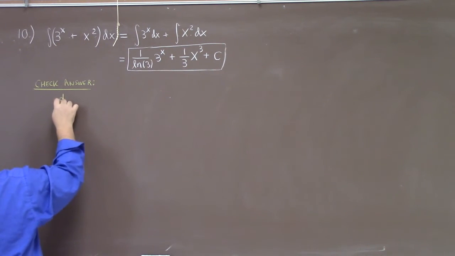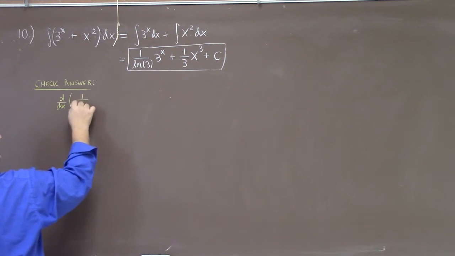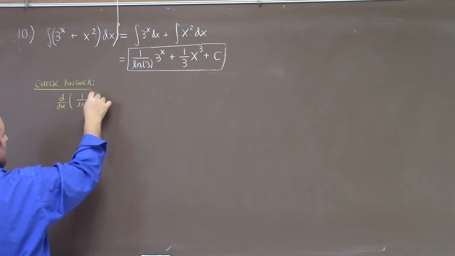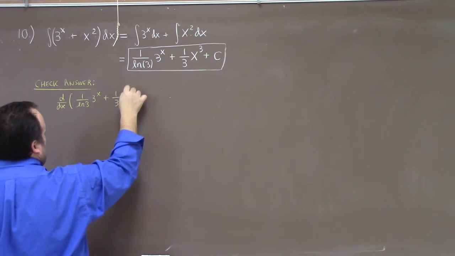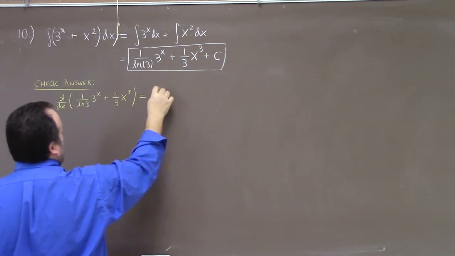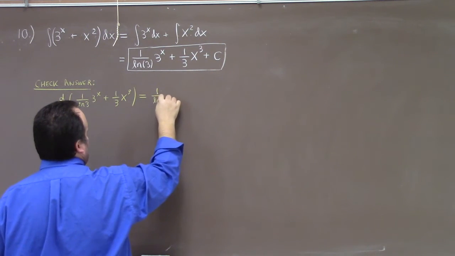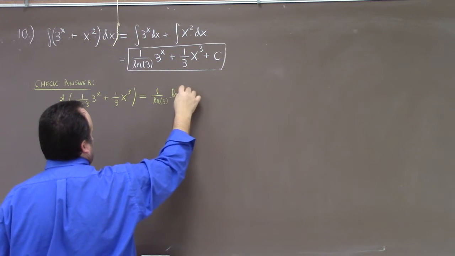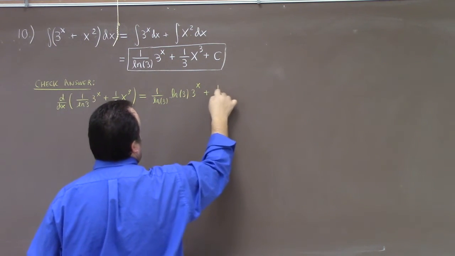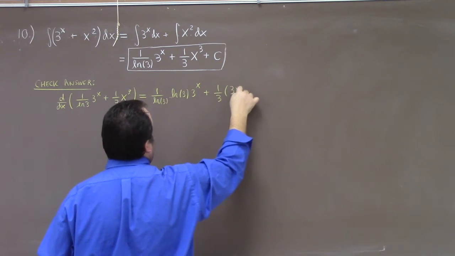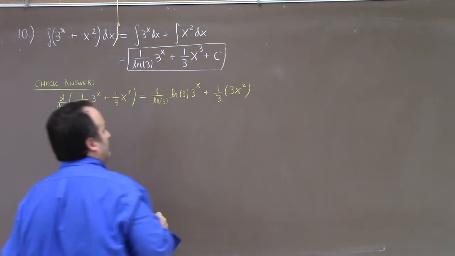d dx of 1 over log 3 times 3 to the power x, plus 1/3 x cubed, right? So that gives me 1 over log 3 times the log of 3 times 3 to the x, plus 1/3 times 3x squared by the power rule.